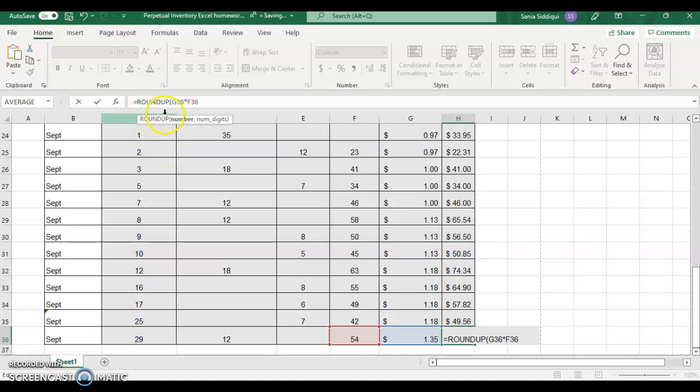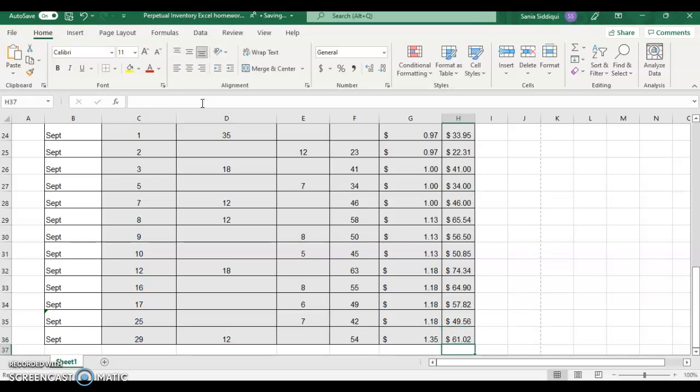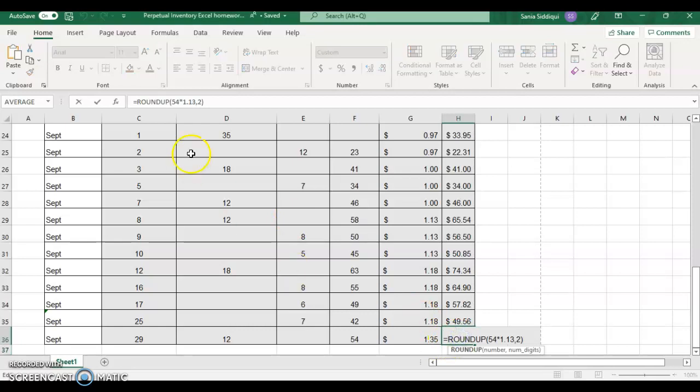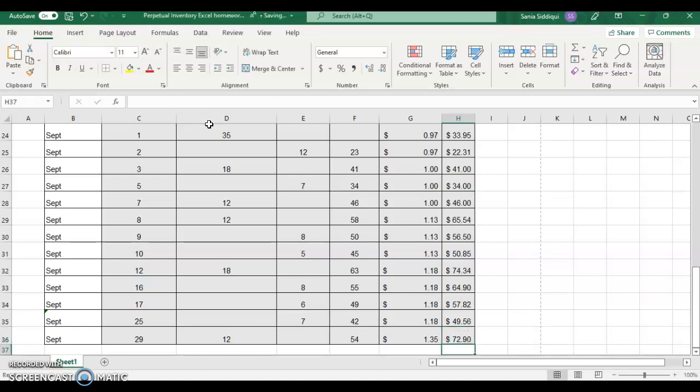Now that the open bracket is there, we can erase our cell numbers and put in our actual formula, which is 54 multiplied by $1.35, comma 2, close bracket, and one second. Oh, it's supposed to be $1.35, not $1.13. This is why we always need to make sure we're typing things correctly. Now we can hit enter and we'll get $72.90.